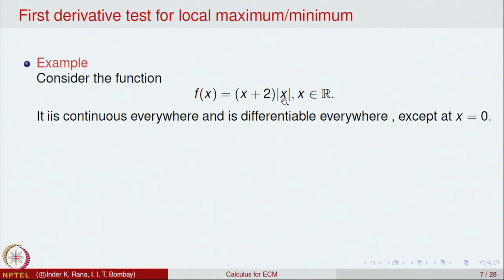That is not the exact reason, though. The reason is, if we look at the left derivative and the right derivative for this function, they will turn out to be different. Because this is the first time we are coming across such an example, let us analyze the differentiability of this function at the point 0.